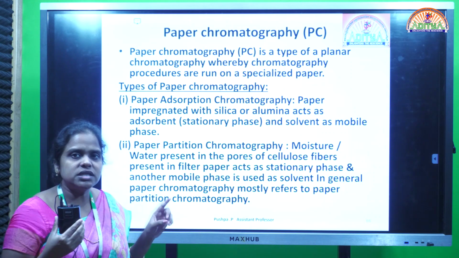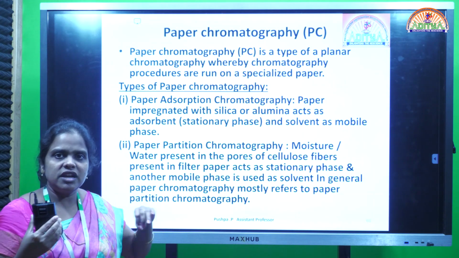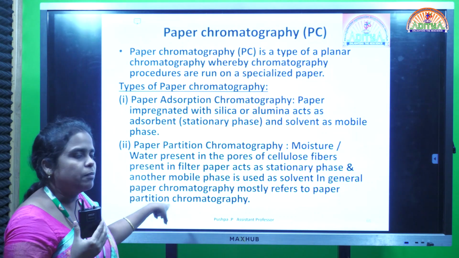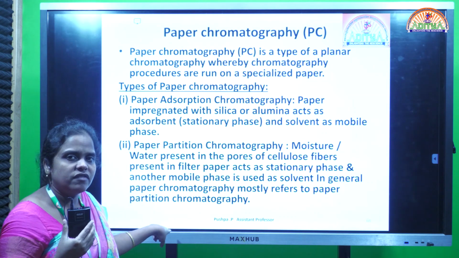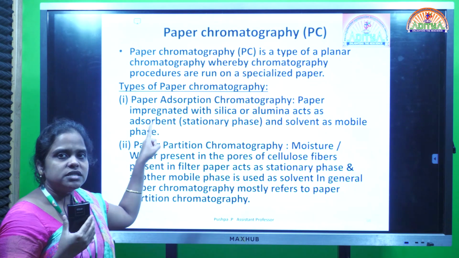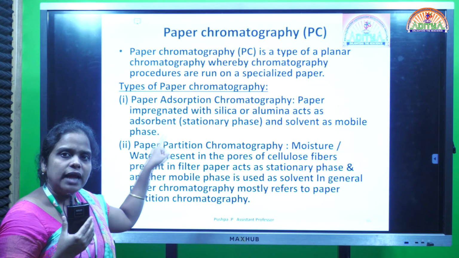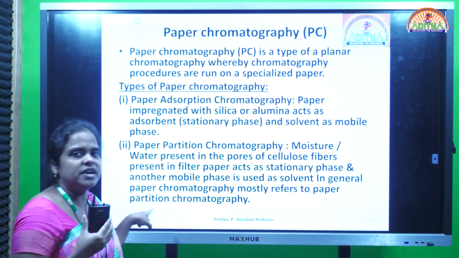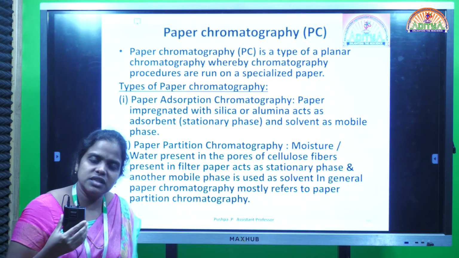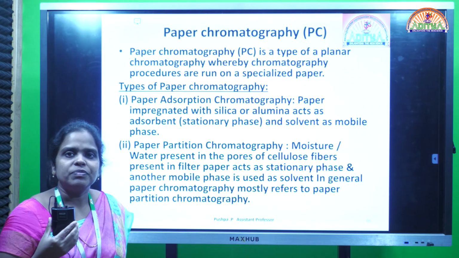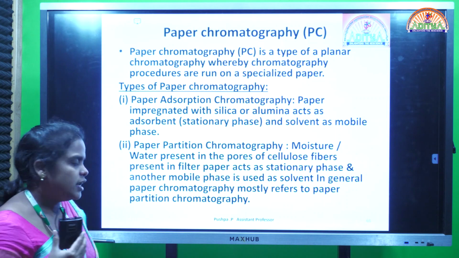For both, the principle of separation is different. In adsorption, the stationary phase is solid and the mobile phase is liquid, whereas in paper partition chromatography the stationary phase is liquid, semi-liquid, and the mobile phase is also liquid.